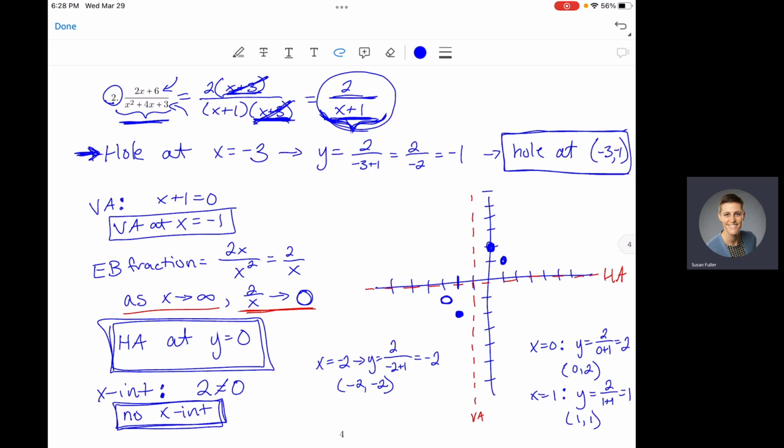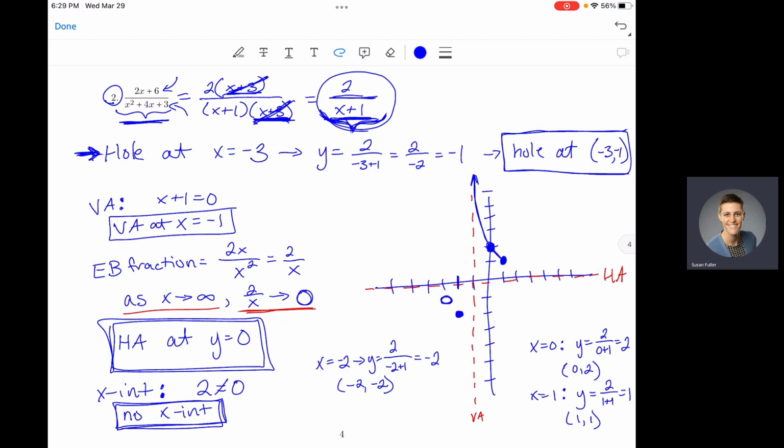If you were on a test or a quiz and you need to fill this in, I want you to connect your dots. So if I start at 1, 1 here and connect it to this 0, 2, I'm going to connect my dots and then head toward my asymptote. Your asymptote acts as a guide, and so you're just going to go toward that asymptote and go right up next to it. And we'll also go the other way.